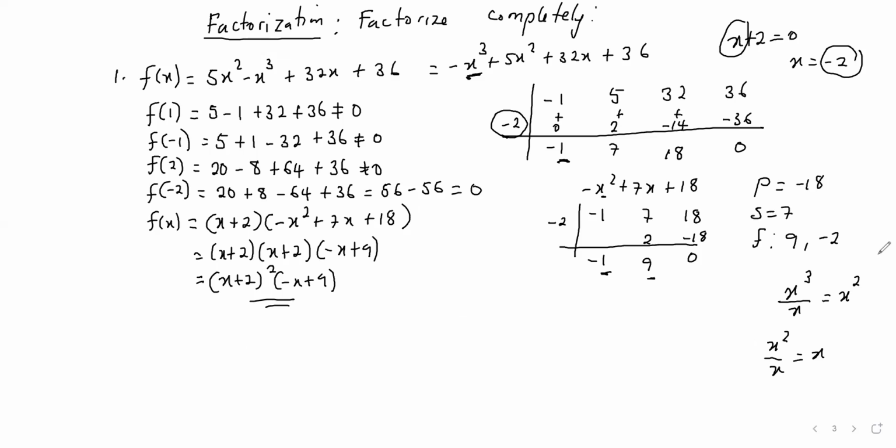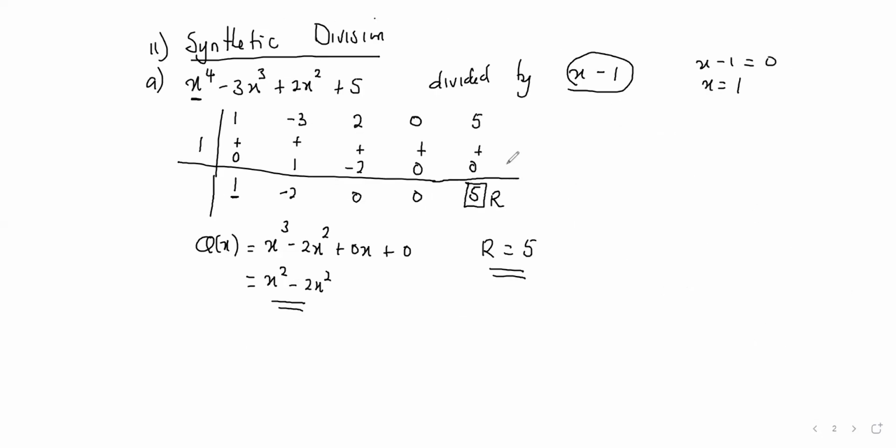And because we are not skipping any power, even when correcting the answers, we don't skip a power. Look what I did here. Because there was no x to the power 1, we had to put a 0. This 0 is there to help us not miss any power. When we come down here, since this was x power 4, we'll have x power 3, x power 2, x power 1, and a constant.